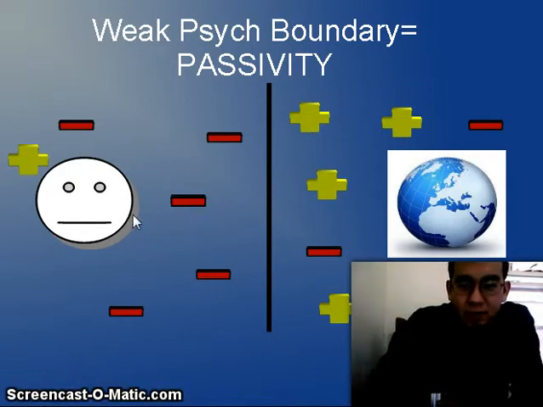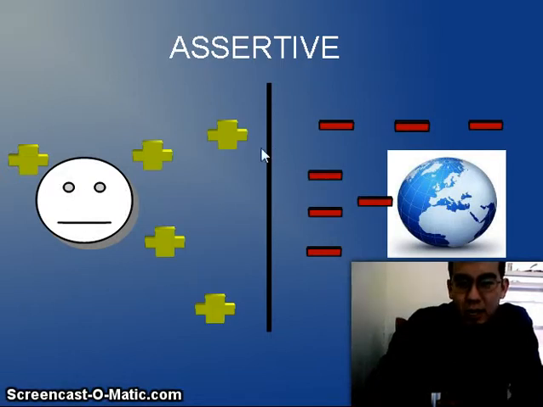But you want to resist environmental negativity in a healthy way, and that's assertiveness. That is looking out for your own needs, but in a healthy way, and as the characters demonstrate, they don't look out for their own needs in a destructive way.